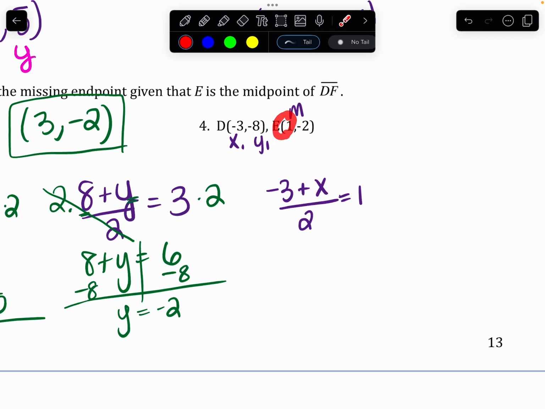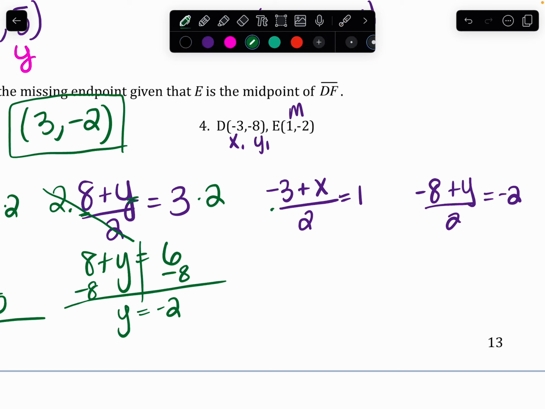That's what the endpoint equals. And then when we take negative 8, the y, plus the other y divided by 2, we get negative 2, this y. So negative 8 is our endpoint, plus our other endpoint, divided by 2 equals our y coordinate of our midpoint.